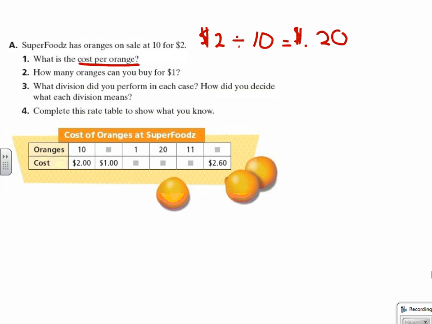Each one of those oranges costs 20 cents. How many oranges can you buy for $1, or per dollar? Well, that one I'm going to do the opposite. 10 divided by $2 equals 5 oranges.